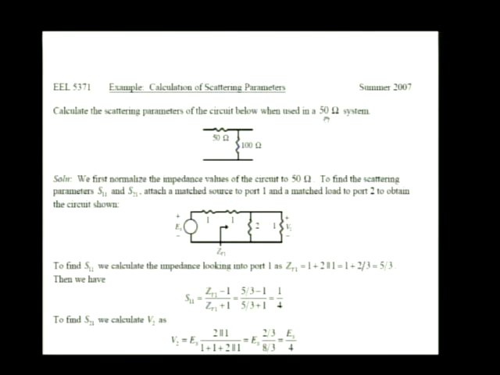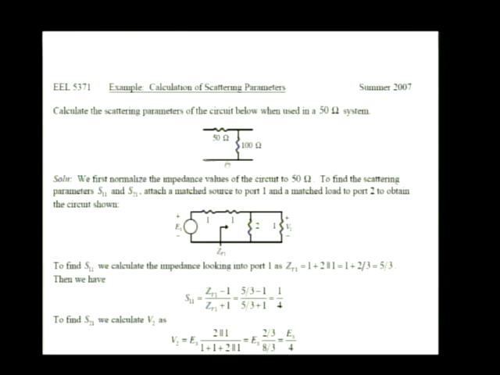This is a convenient thing to be able to do, and it turns out it will have no effect on the answers that I get for the scattering parameters, a fact that I'll be demonstrating in just a few more minutes.